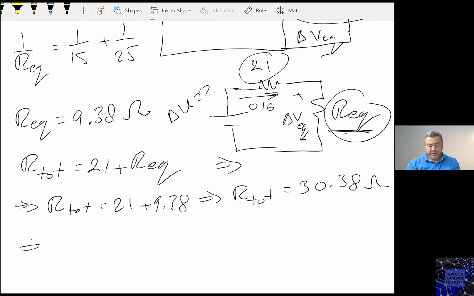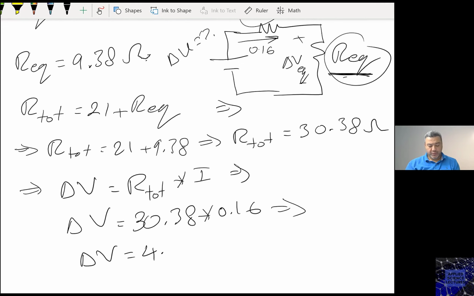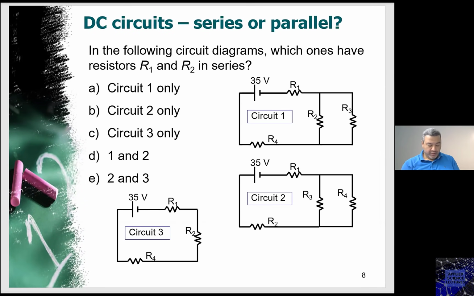And in this case, the potential difference V equals R total times I, or delta V equals 30.38 times 0.16. Delta V equals 4.86 volts. Okay, moving on.